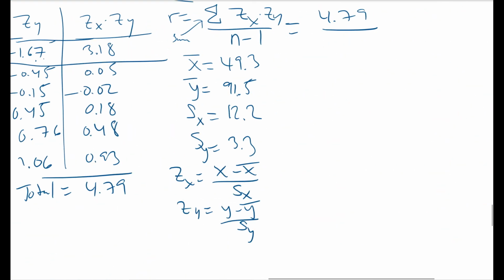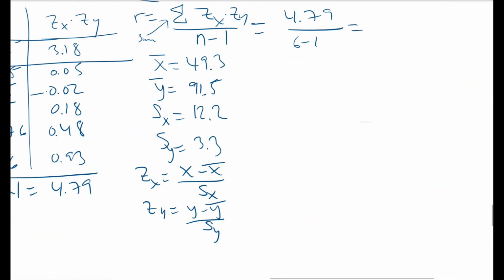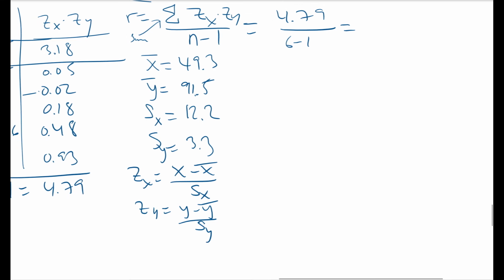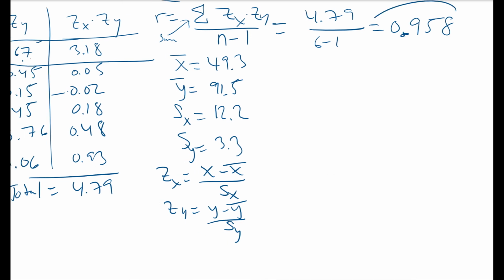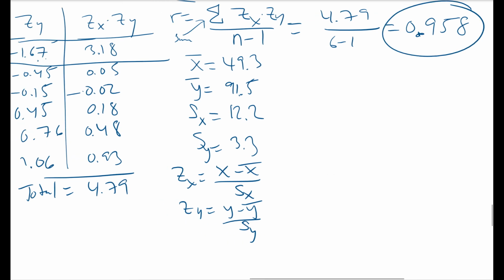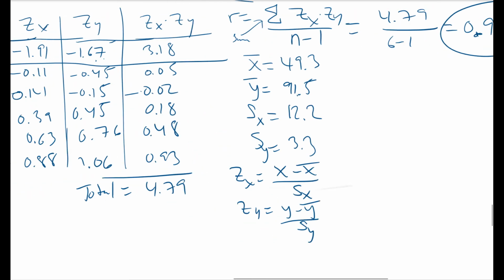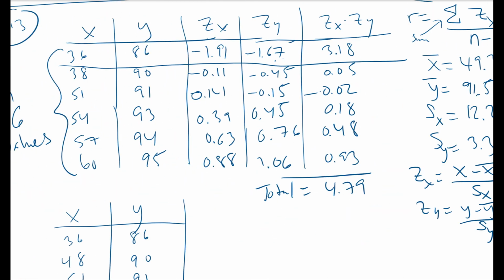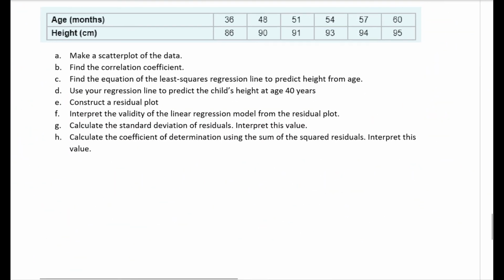So we have 6 minus 1. And if you did that, you get about 0.958. Okay? So that is our R value. Next, so R is 0.958.